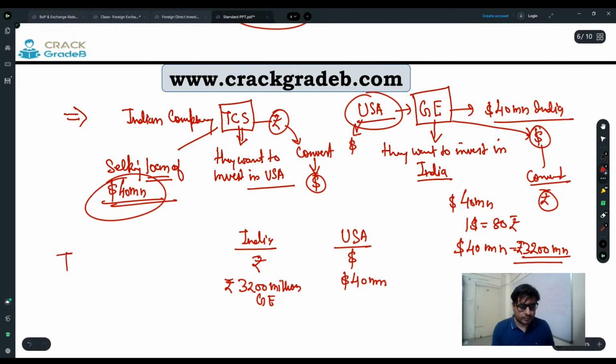So finally, TCS and GE decided to do this. What they decided: TCS is going to give them a 3200 million rupee loan in India.